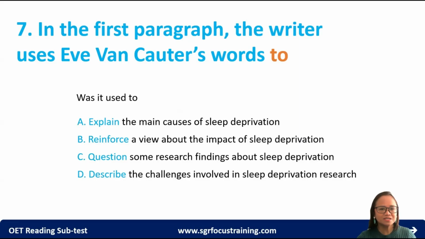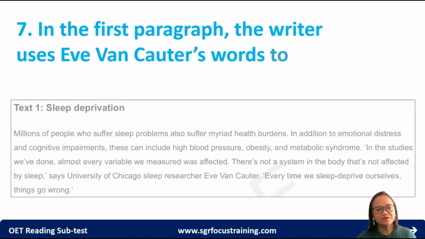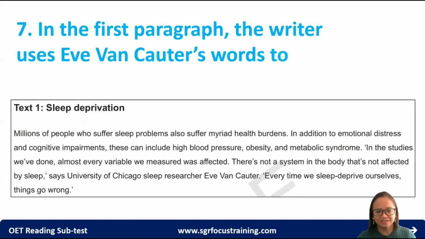Verbs are words that tell you the action. So what is the writer doing? Is he explaining? Is he reinforcing? Is he questioning, or is he describing? So we needed to find out the reason why he's using these words from Eve.